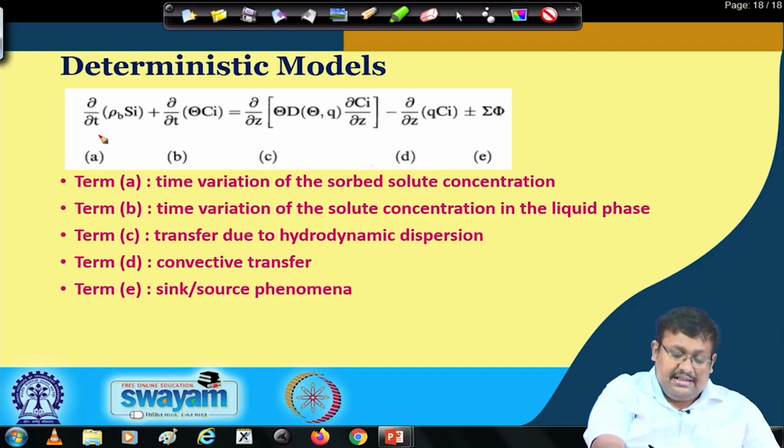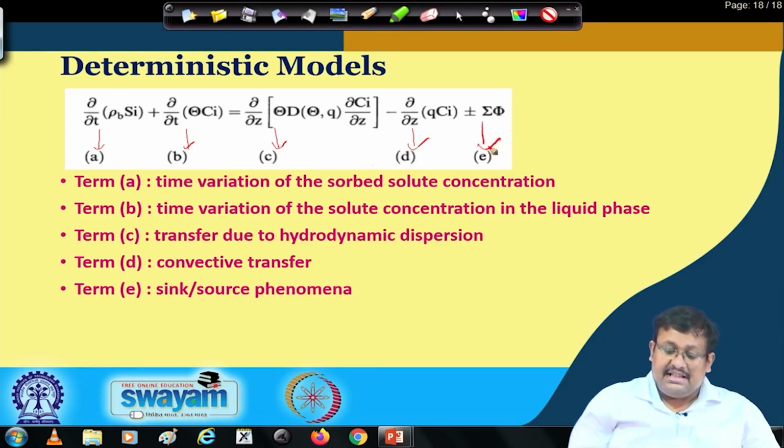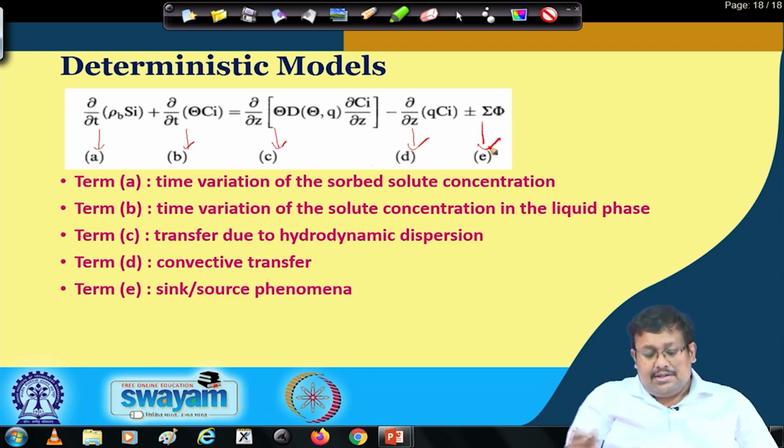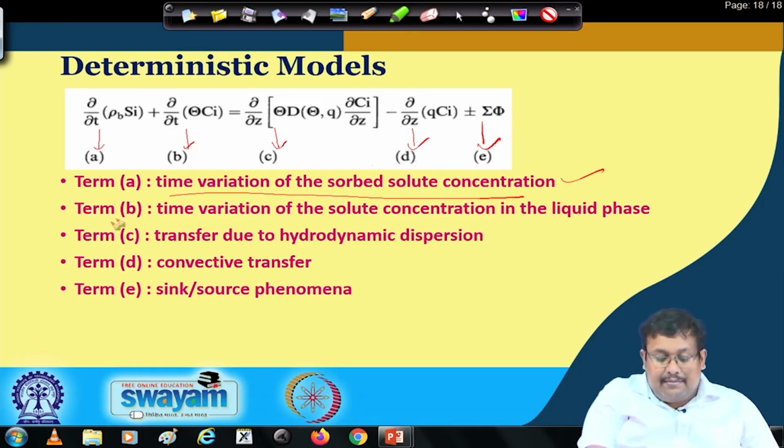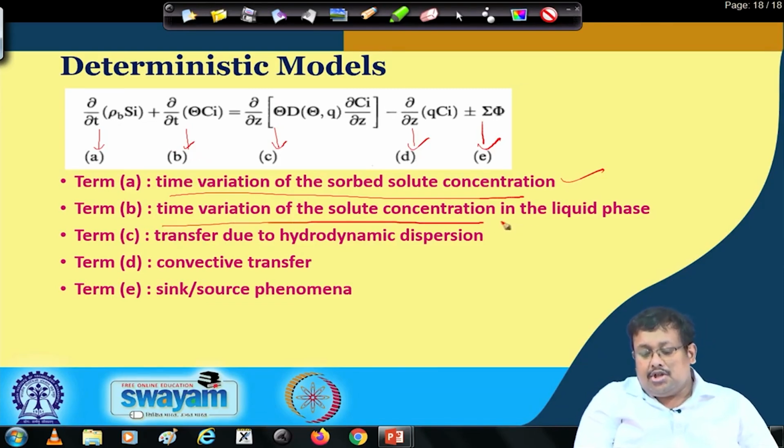This is A, this is B, this expression is C, this is D, and this is E. The A term shows the time variation of the sorbed solute concentration, and the B expression shows the time variation of the solute concentration in the liquid phase.